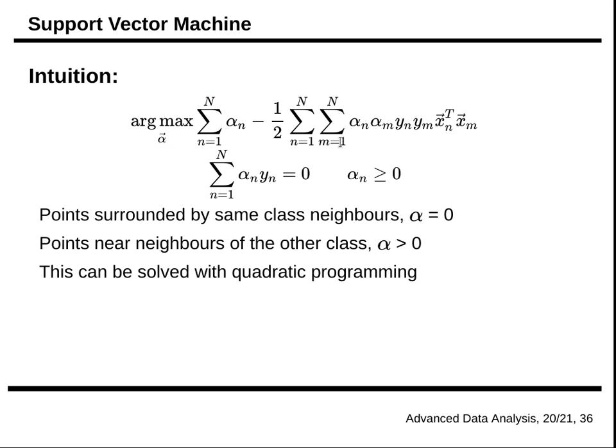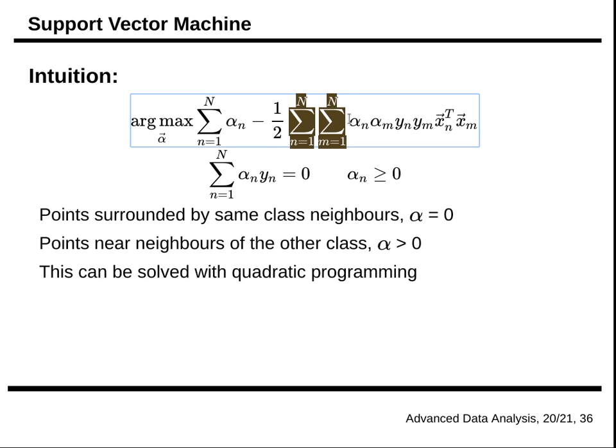And this expression is the sum of the products of all the pairs of points, where we have the inner product between the two vectors, the 2 points, the product of their classes. The classes can be -1 or +1, and the product of their respective Lagrangian multipliers.